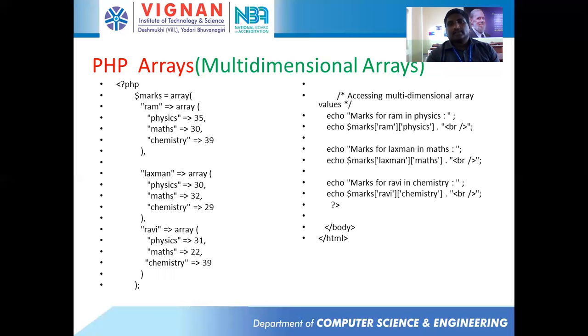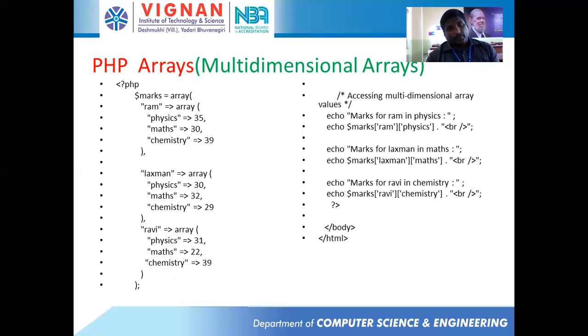So how can we access multi-dimensional array values? Simple. I have written some code: marks of Ram, marks of Lakshman, marks of Ram in physics, marks of Lakshman in maths, marks of Ravi in chemistry. If you want, you can get all the values, but here I just point out the corresponding ones. Here we are using the concept of an associative array.